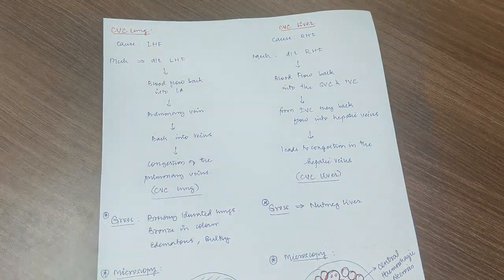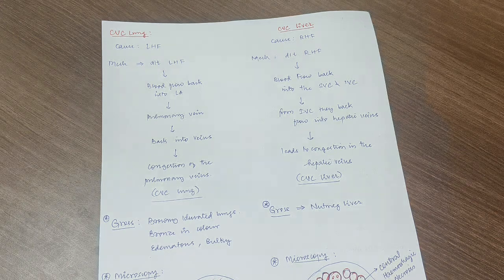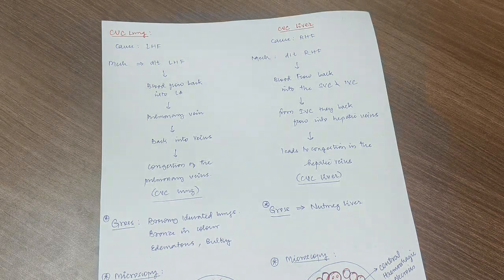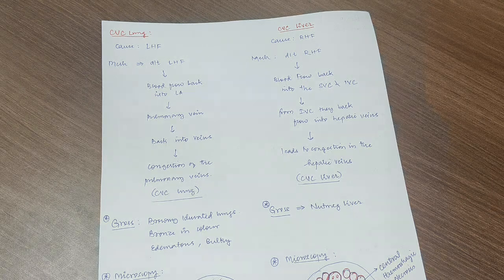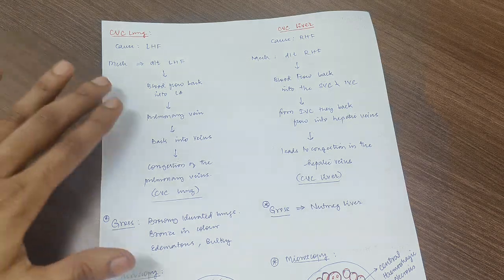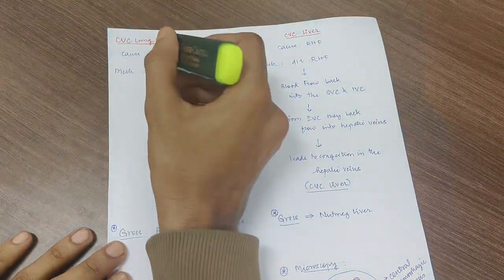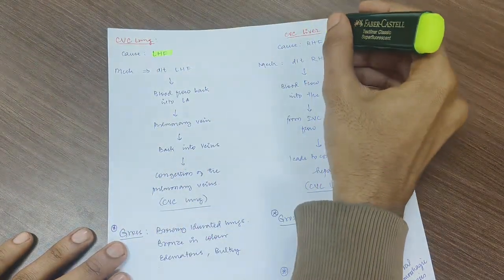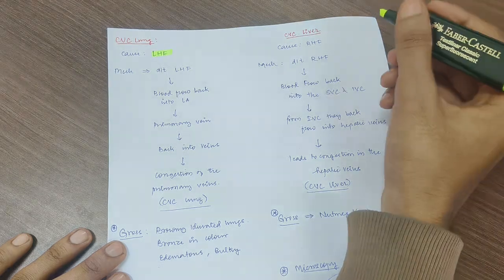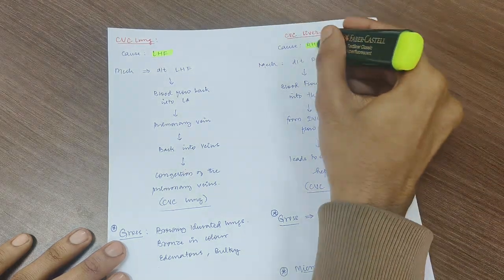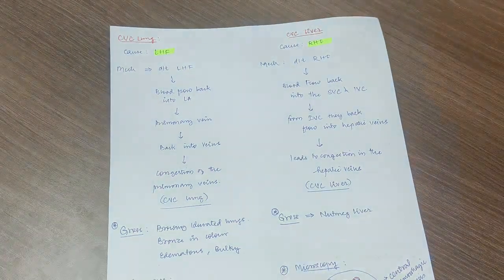Next is chronic venous congestion of the lung and chronic venous congestion of the liver. These two things you must remember, because the diagrams are also important, and the features as well. Chronic venous congestion of the lung is because of left heart failure, whereas in CVC of the liver it is right heart failure.